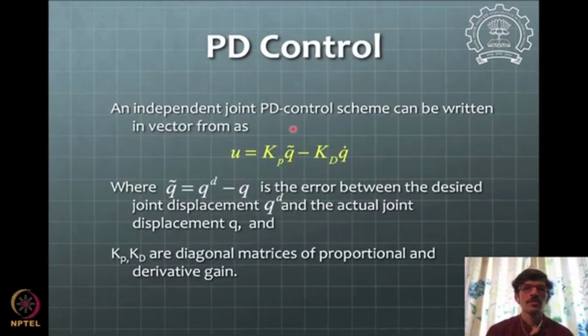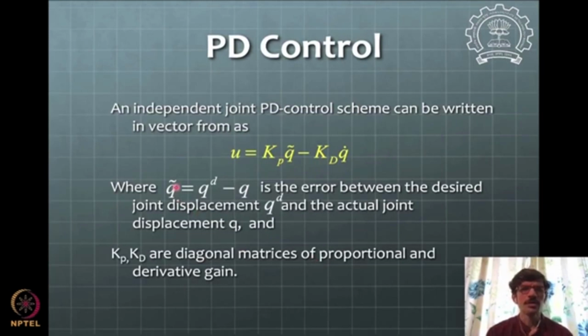Now we propose this PD control on the joints. Q is a generalized coordinate; if it is an n degree of freedom robot, it will be the robot joints. So in the direction of the generalized coordinate, you define this U where Kp and Kd are matrices, typically diagonal matrices.